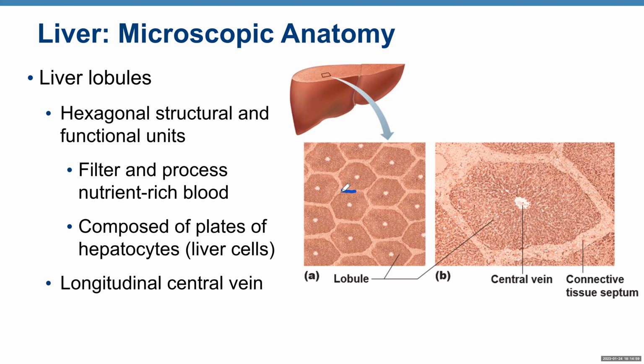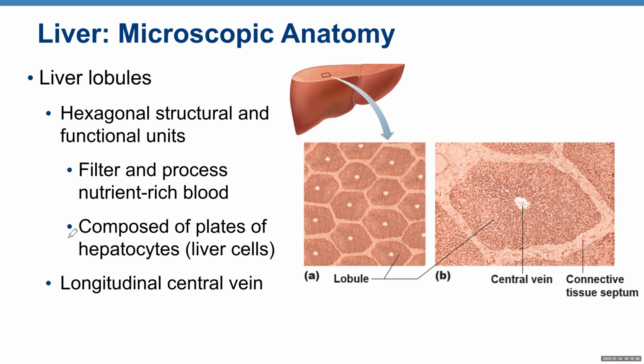So here you see 1, 2, 3, 4, 5, 6 sides. So it's a hexagon. And they filter and process nutrient-rich blood. So blood from your GI tract, when it picks up nutrients, flows to the liver first for processing.